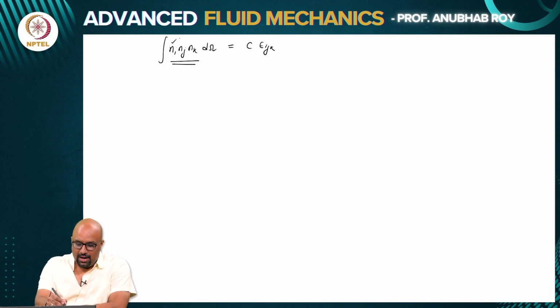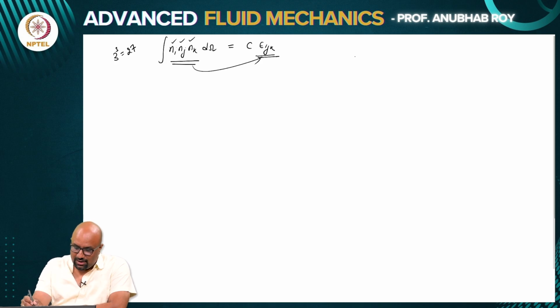Instead of 3 indices contributing to 27 integrals, where you are actually supposed to do 27 integrals, you automatically reduce this by saying that the object I am integrating should be isotropic, and there is only one isotropic tensor that I know for order 3, which is the permutation symbol, and this should be the answer. What further can we say?